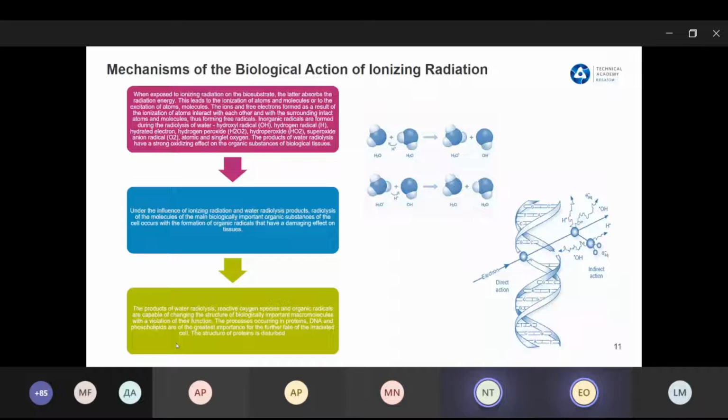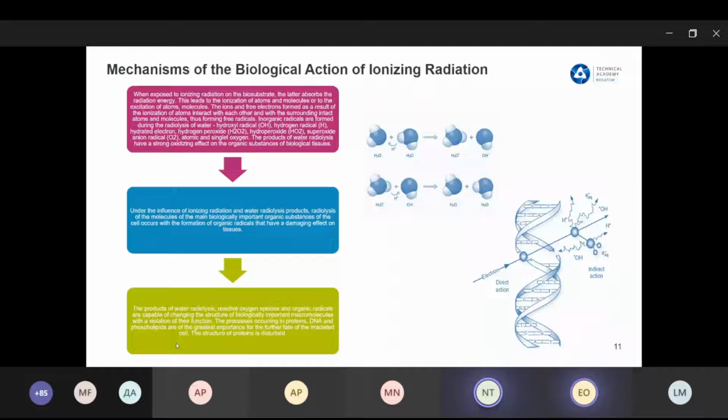Radiation damage to DNA manifests itself in the form of violations of the structure of nitrogenous bases, the appearance of DNA breaks, DNA-protein crosslinks, and violations of DNA complexes with other molecules. In DNA damage, the role of the oxygen effect is great.